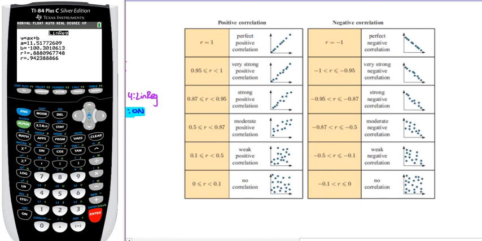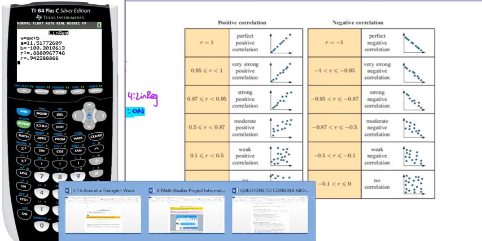So basically, an R value of 1 or -1 is perfect. In the area of sort of high 0.8 to 0.9 is strong or very strong. If you have anything sort of from 0.5 to 0.8-ish, it's considered moderate. And then anything below 0.5 is really considered weak.